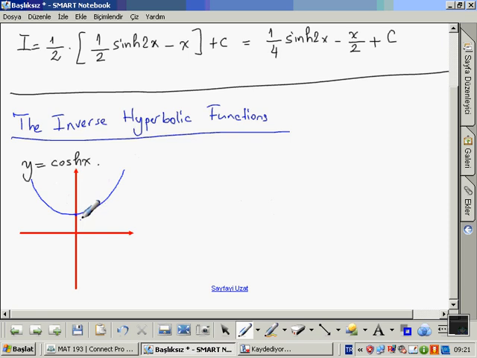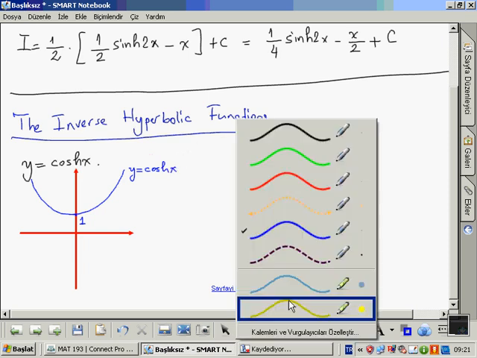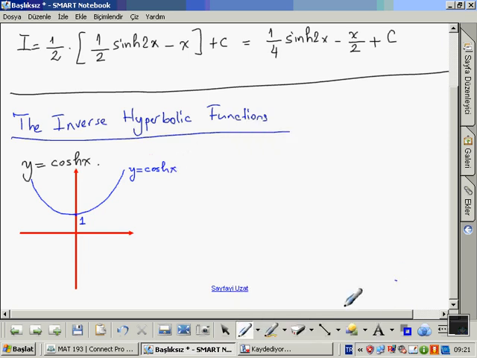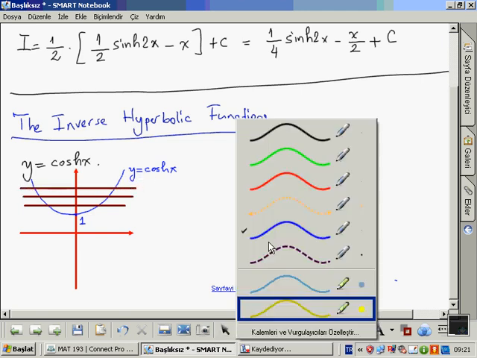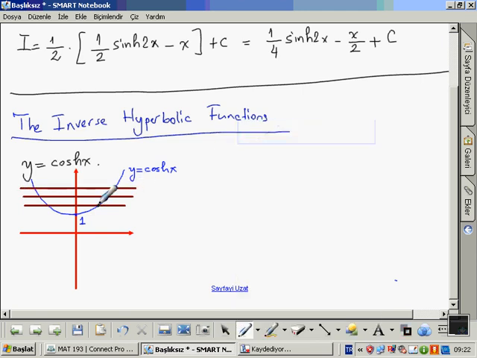This point is 1, and this is y equals cosh x. As you see, when you sketch some horizontal lines, you will see this function is not one-to-one, because of these intersection points.